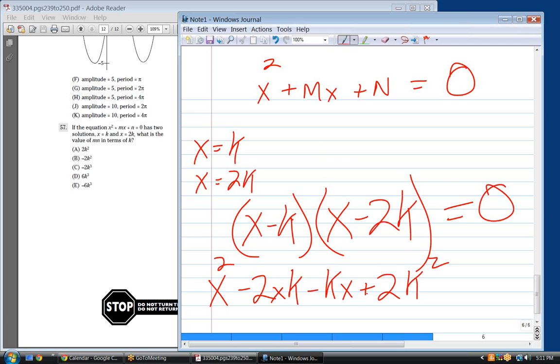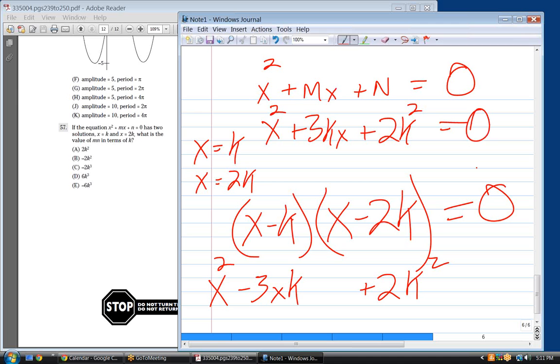Let me just erase that term, and it's 3, right? Yep. So we have x squared plus 3kx plus 2k squared equals 0.